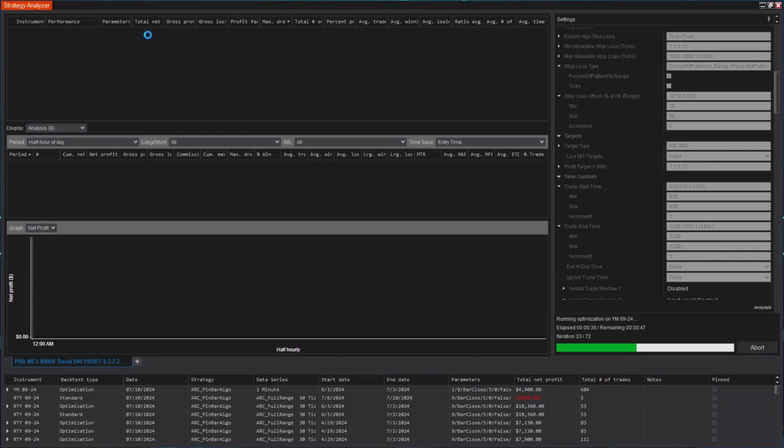So to show the log, you just right click, give it a second here, and then hit show log.